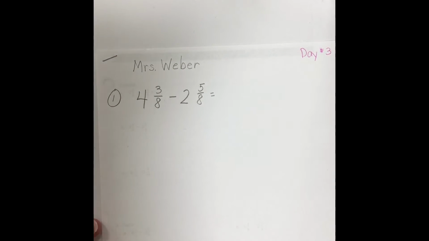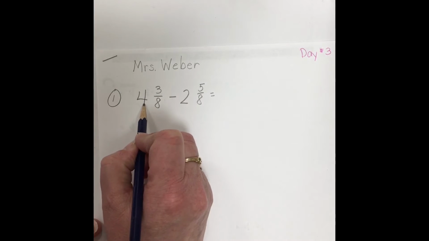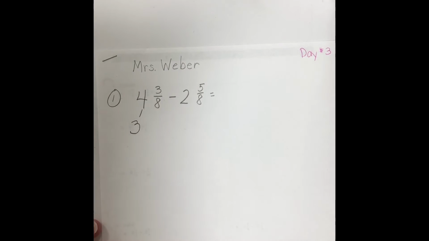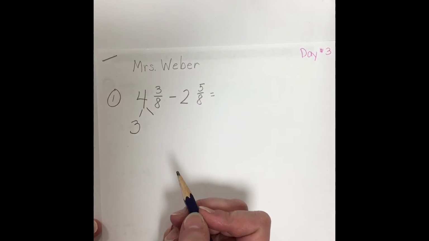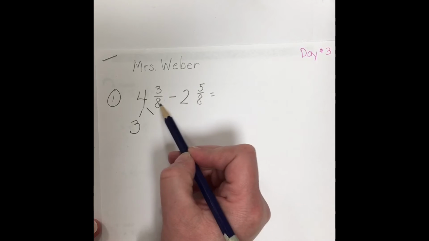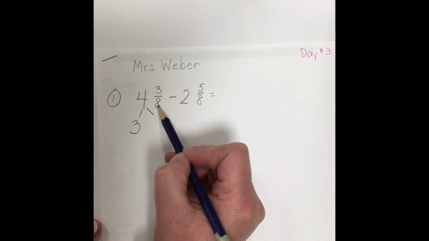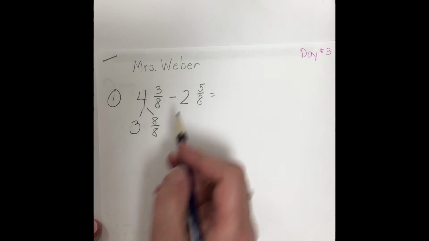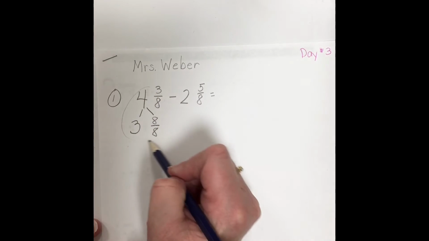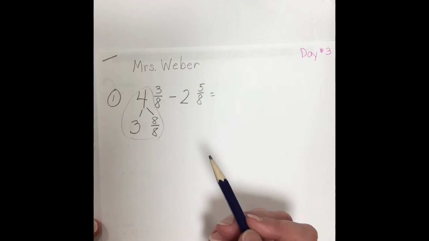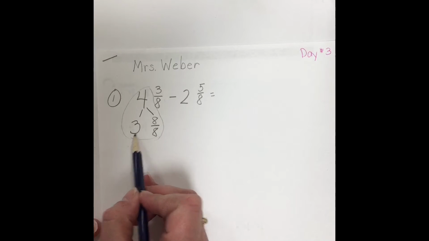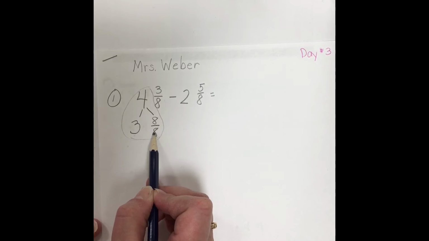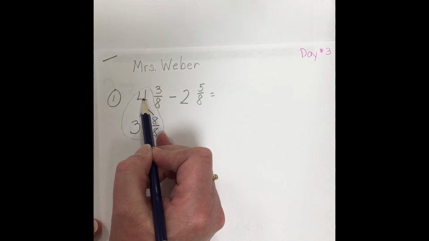So what I'm going to do is I'm going to take 1 away from the 4, which will leave it with 3. And the other one, because these denominators are eighths, I'm going to turn into 8/8. So just number 4 has been rewritten as 3 8/8, because 8 divided by 8 is 1, 1 plus 3 is 4.